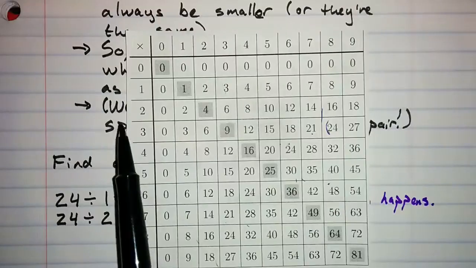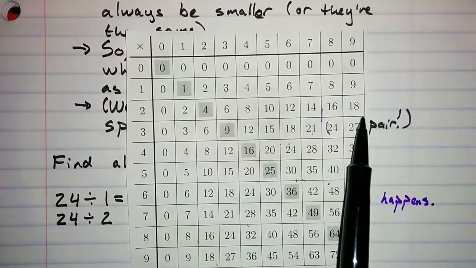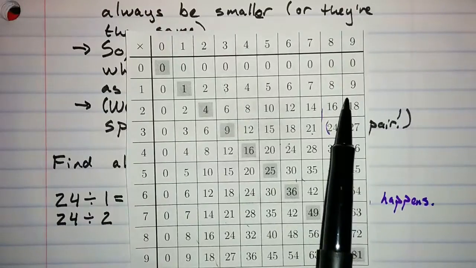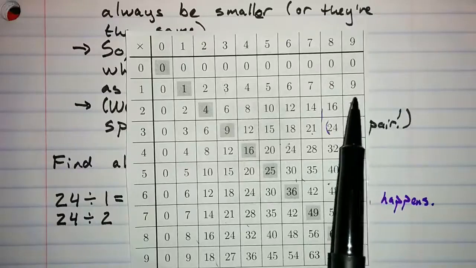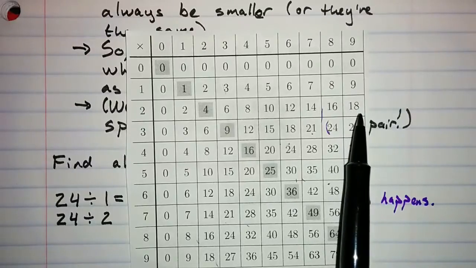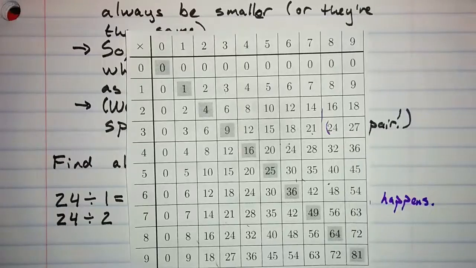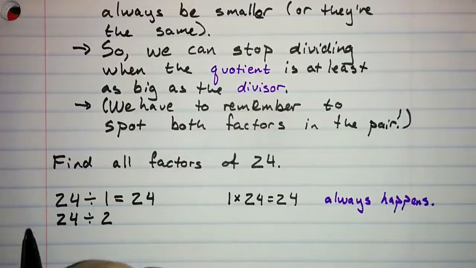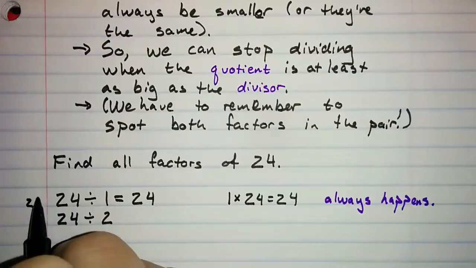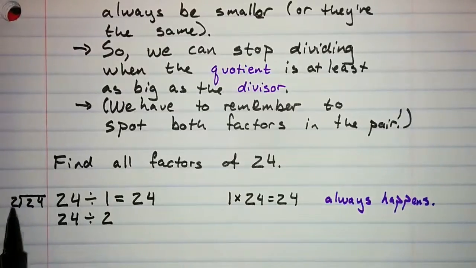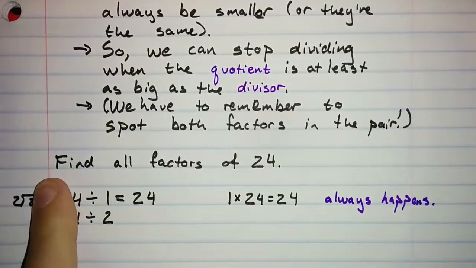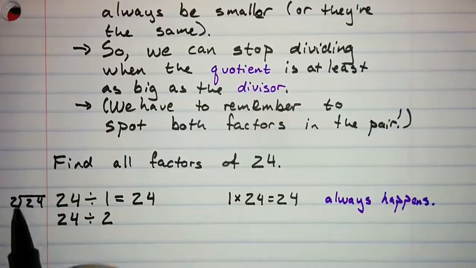Next, 24 divided by 2. Well, 24 doesn't show up in the 2 row of our multiplication table, and the last number in that row is smaller than 24. So 2 might go into 24. We don't know. Let's try that division. 24 divided by 2. Well, 2 goes into 2 once.